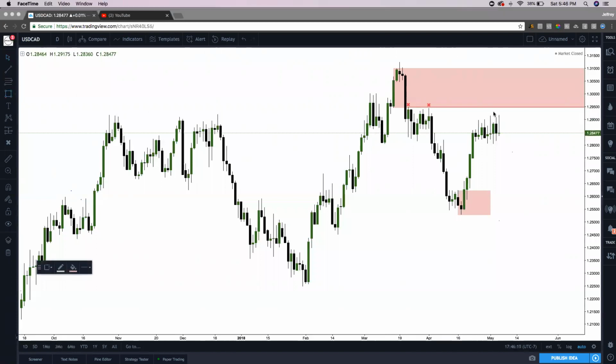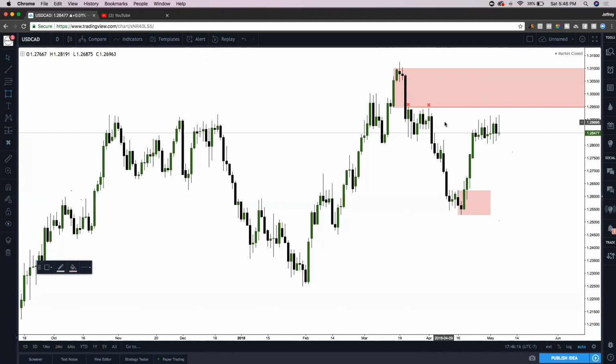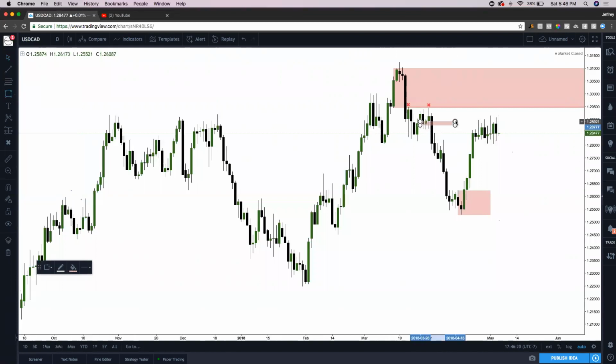It's up candles before a down move. So right here, you have two up candles.